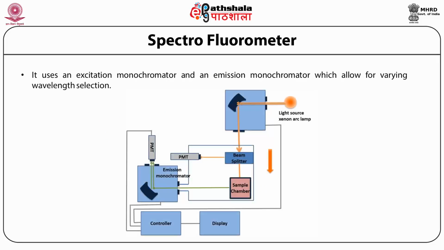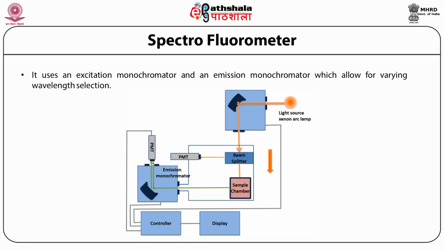In the spectrofluorometer, most spectrofluorometers record both the excitation and emission spectra. The resolution is obtained with changeable fixed slits. The advantage of spectrofluorometers is that they allow for varying wavelength selection.